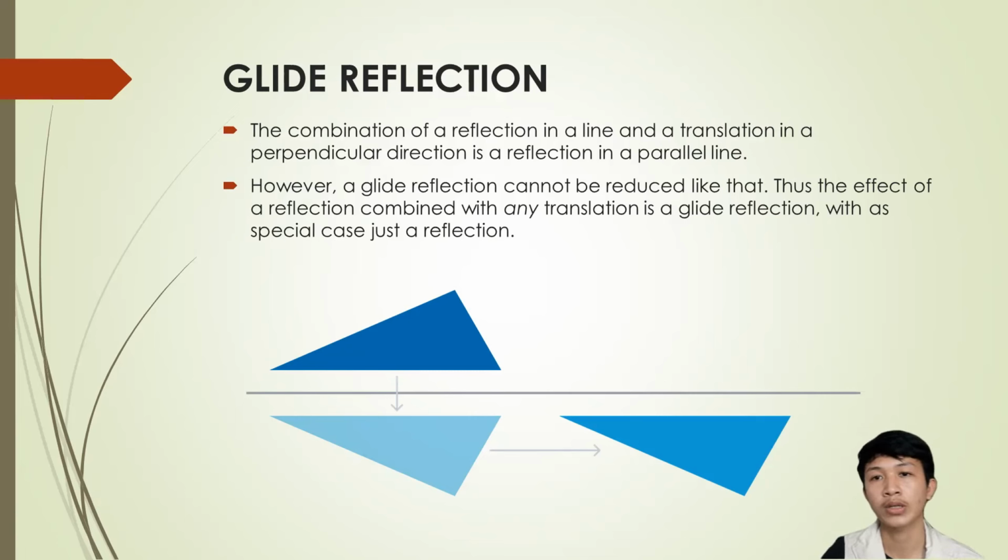As you can see in the picture, the quadrilateral triangle reflects and translates to the side. So that's glide reflection. However, a glide reflection cannot be reduced like that. Thus, the effect of the reflection combined with any translations in a glide reflection is a special case, just a reflection.